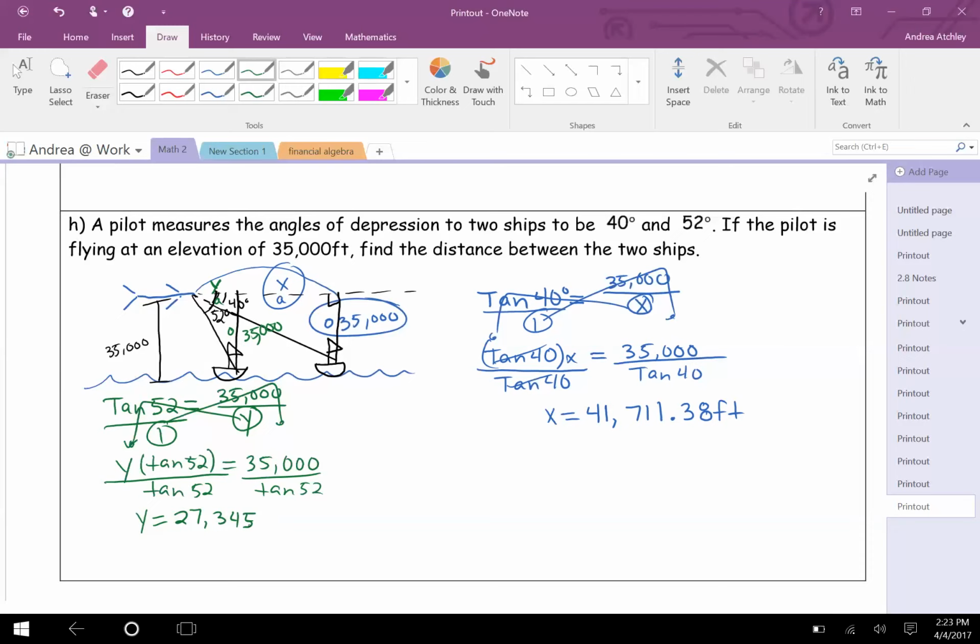Okay, so now to find the distance between the two, subtract them. Because this will be all the way to this boat, and this is to this boat. So to find the distance between them, we subtract.